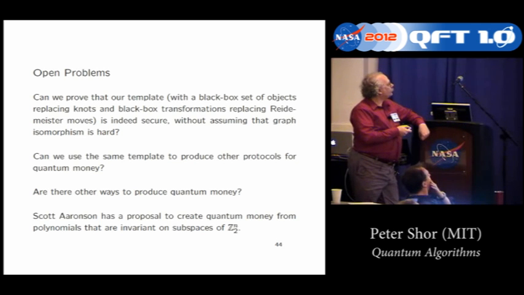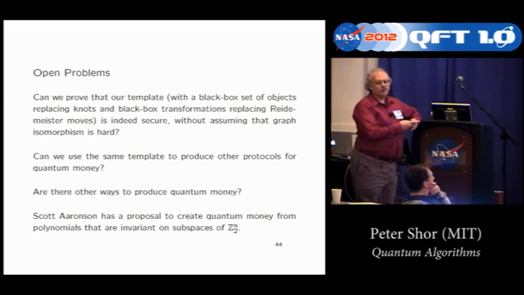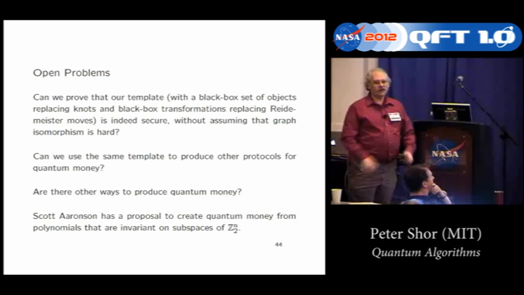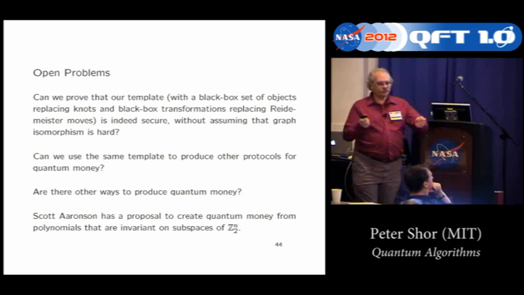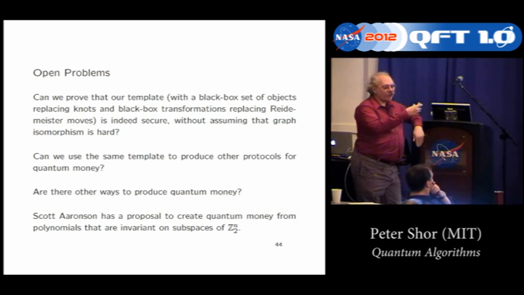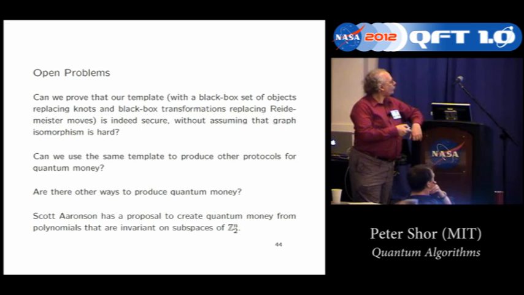So, can we use the same template to produce other protocols for quantum money? Well, Michael Freedman has a protocol based on invariance of three manifolds, which is a straightforward generalization of our proposal into one higher dimension. Are there other ways to produce quantum money?